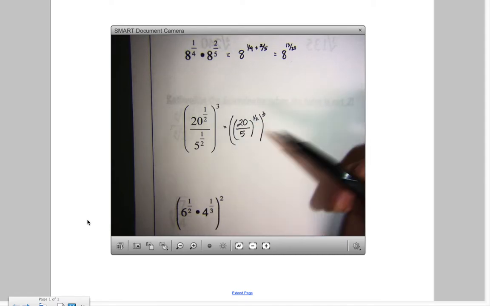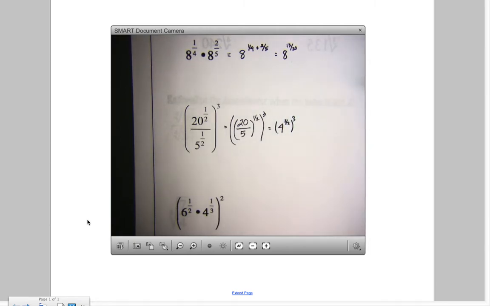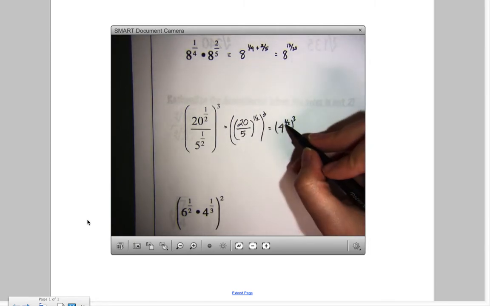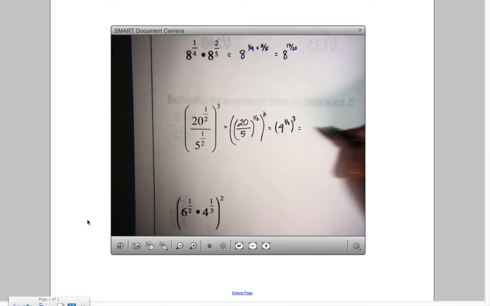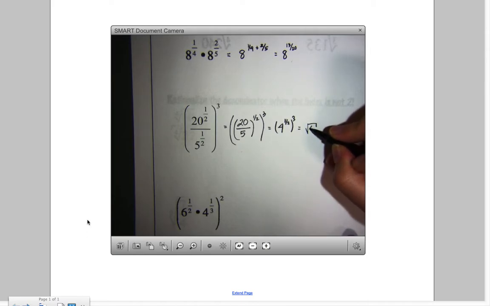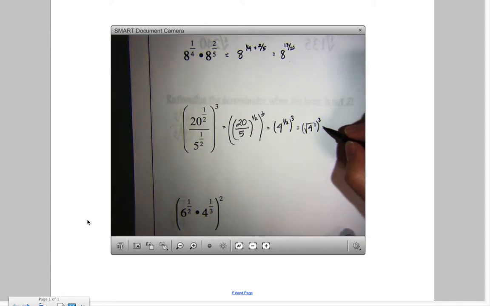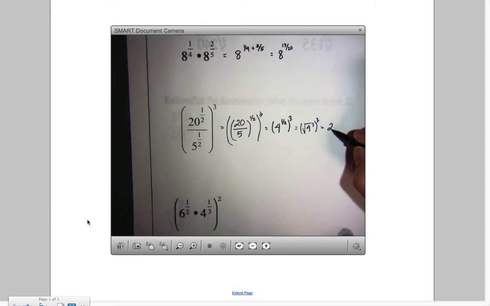Then that allows me to simplify 20/5, which is just 4 to the 1/2, all cubed. We learned yesterday in 6.1 that anything to the 1/2 power can be rewritten as the square root. So that's the square root of 4 cubed. We know the square root of 4 is 2, and 2 cubed is 8. So 8 would be your final simplified answer.